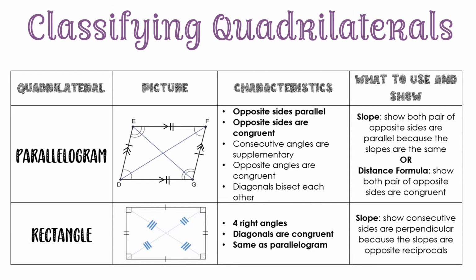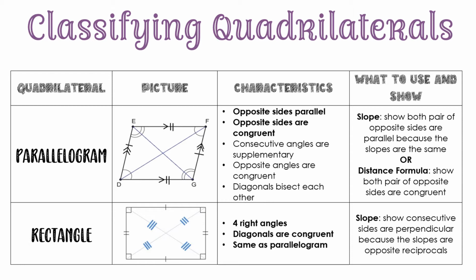So we have a parallelogram, which has opposite sides that are parallel and opposite sides that are congruent. It also has other characteristics that are important but aren't necessary for it to be a parallelogram. For it to be a parallelogram, it has to have opposite sides that are parallel, and that's it. That's the definition.